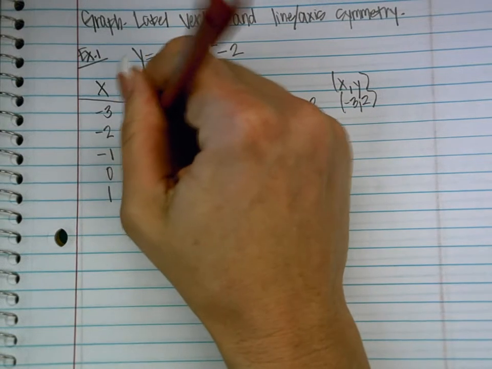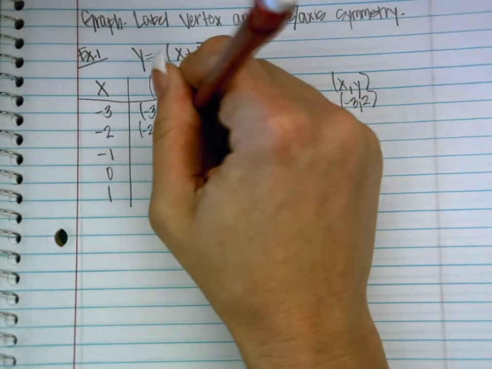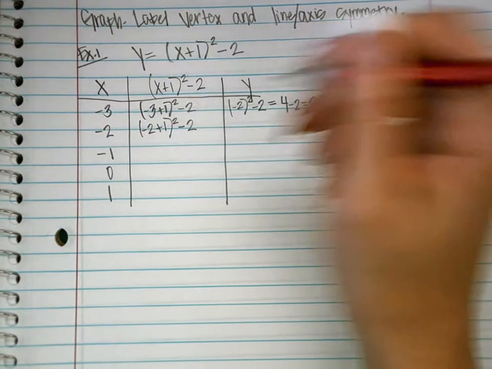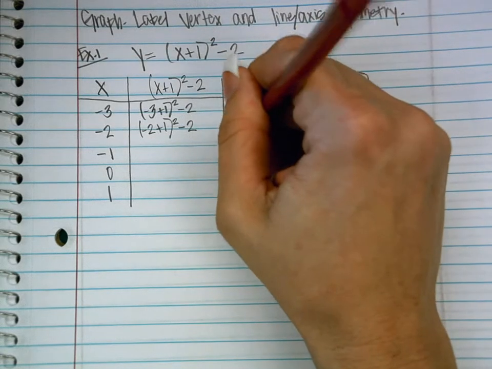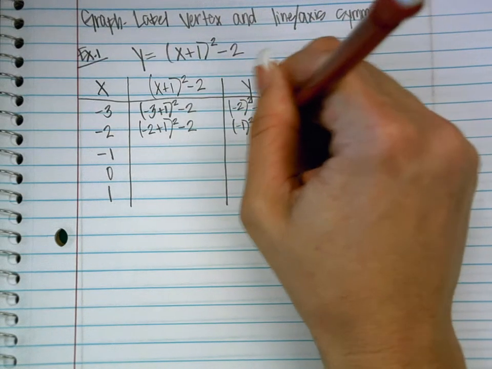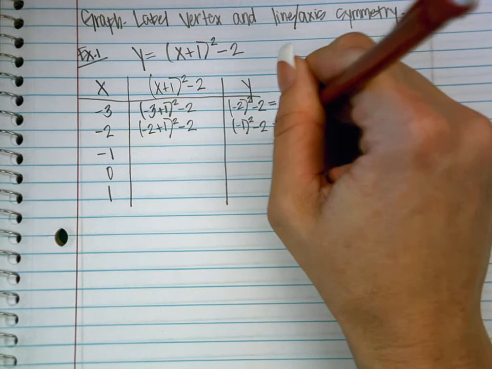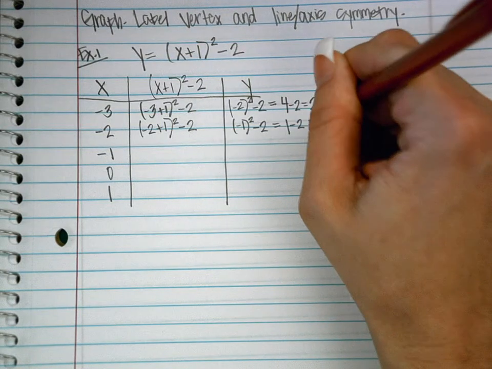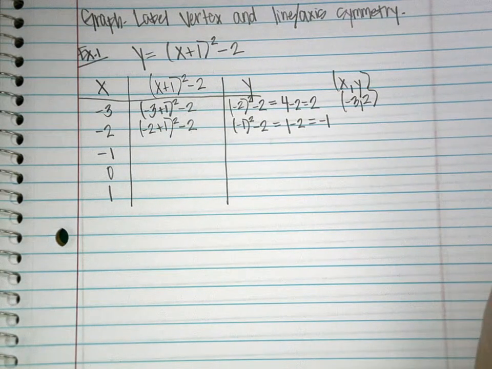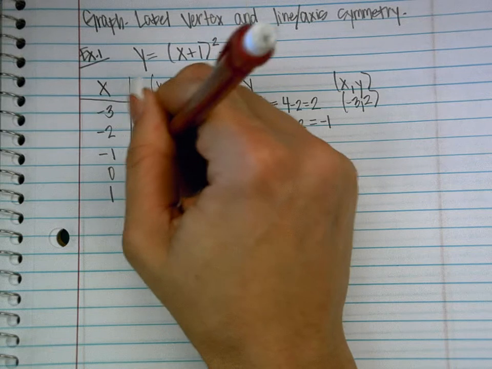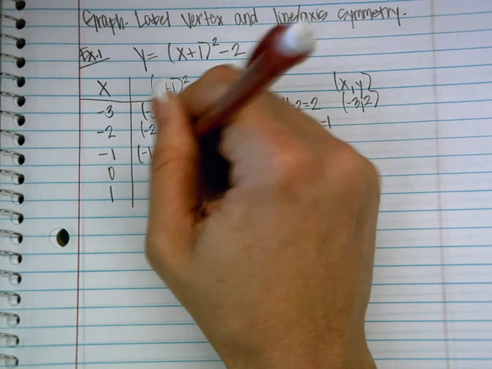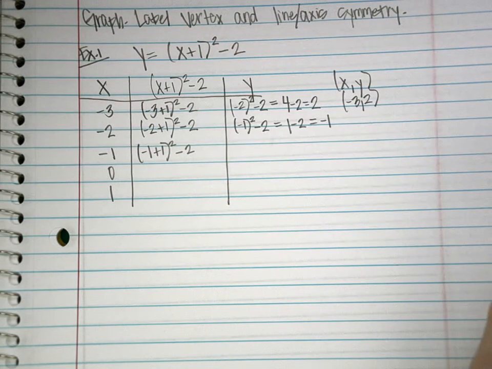So -2 plus 1 squared minus 2. -2 plus 1 gives you -1 squared minus 2. So that's 1 minus 2. 1 minus 2 is -1. Plug in the next one, -1 plus 1 squared minus 2.